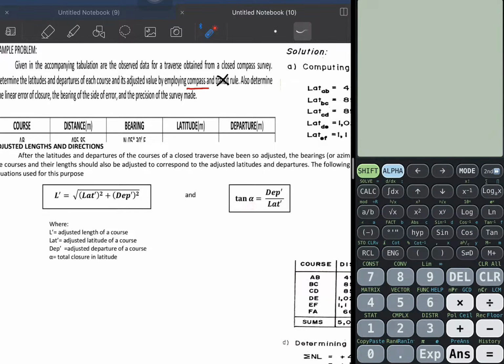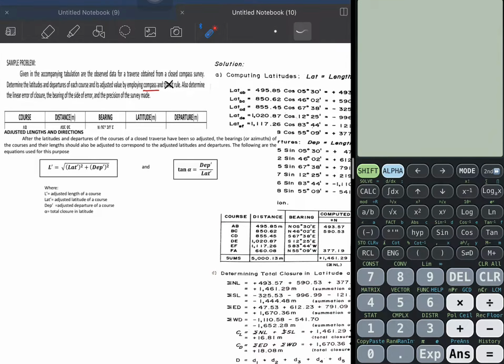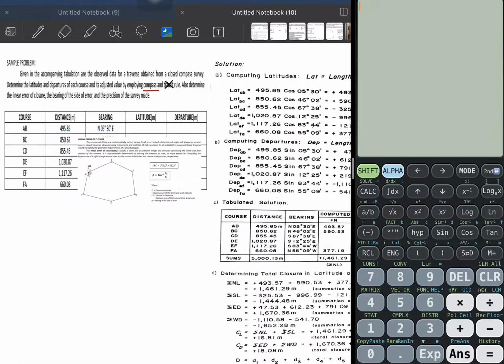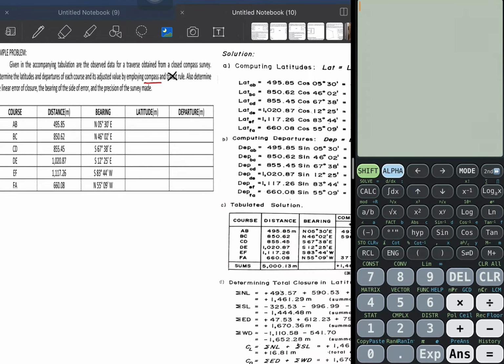And to solve for the angle alpha or any angle for your lines, that is tangent alpha is equivalent to the adjusted departure divided by the adjusted latitude. Okay, that is on how to solve the adjusted length. So if you have the adjusted latitude and departure, you can directly solve for the adjusted length and the angle theta or angle of your lines. Okay, so let's now have the problem.